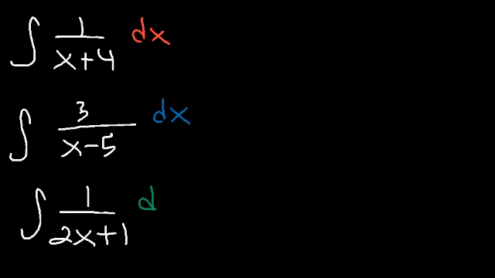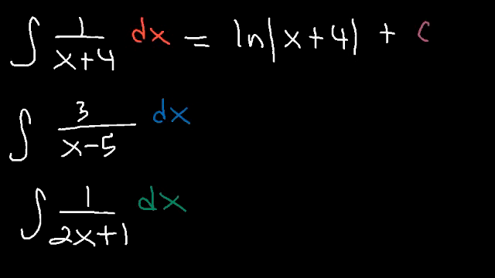Try those. So the integration of 1 over x plus 4 is going to be ln of the absolute value of x plus 4 plus c. The purpose of having the absolute value is because you can have a negative inside a natural log. So the absolute value will make everything positive on the inside.